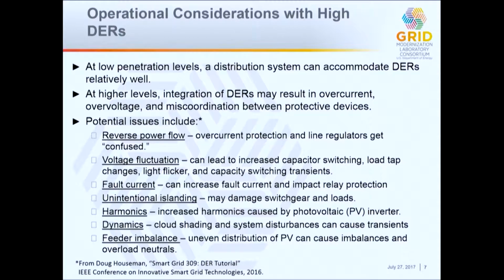There's a list of issues there that were taken from an IEEE document. I think we heard quite a bit about these, so I'm not going to go into them, especially since I'm the economist and I don't want to betray the fact that I'm not the engineer. But these issues are really starting to drive utilities to think about new ways to do their planning.